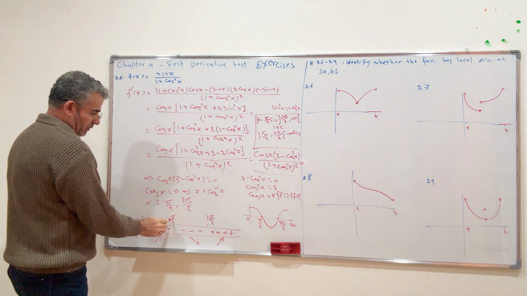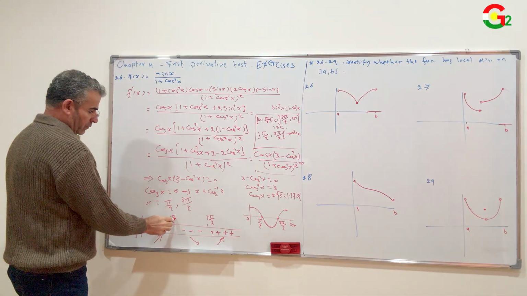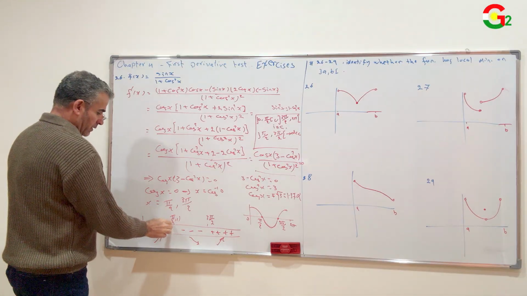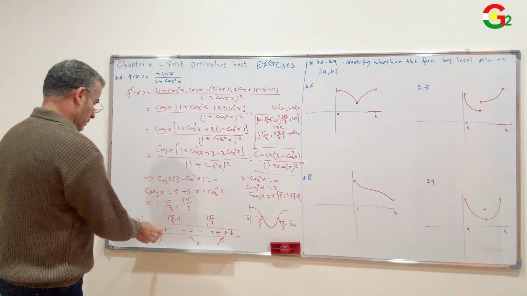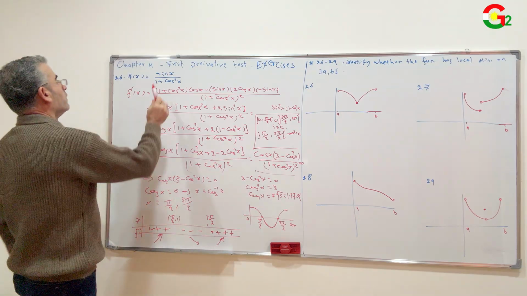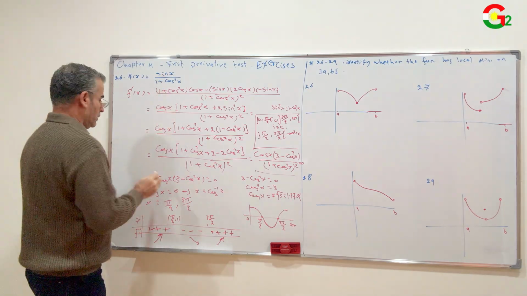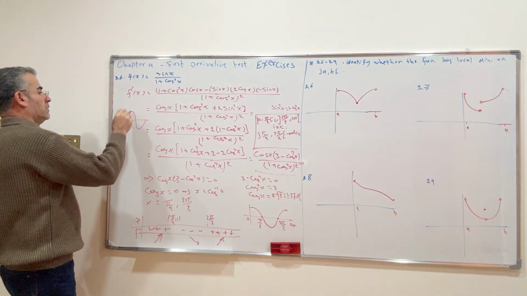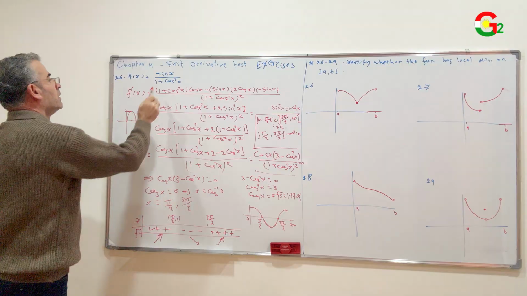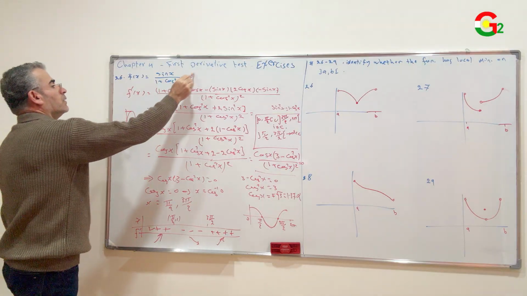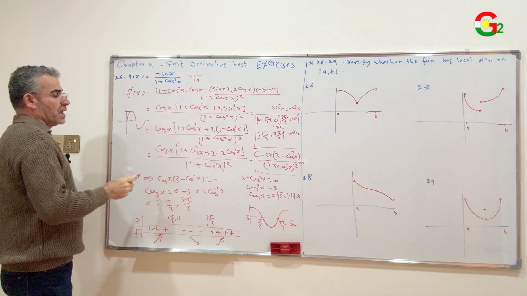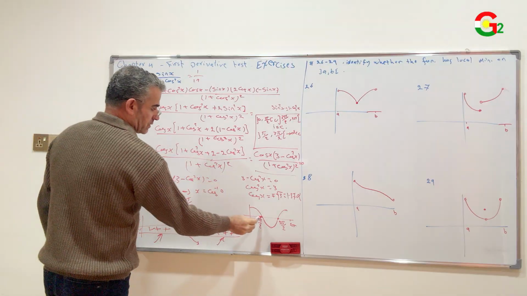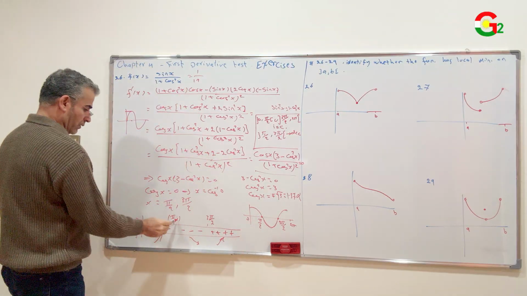If we substitute pi over 2 in the function, sine pi over 2 is 1, over 1 plus cosine pi over 2, which is 0, so 1 over 1 is 1.